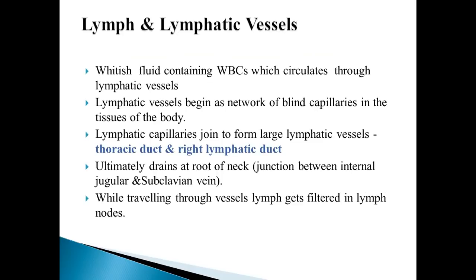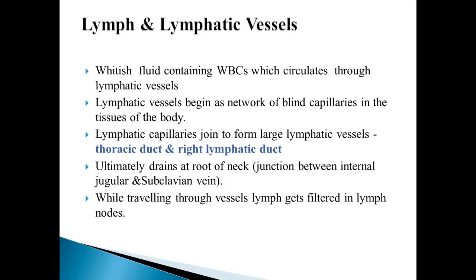What are lymph and the lymphatic vessels? Lymph is basically a whitish fluid containing white blood cells, circulating through lymphatic vessels. These vessels begin as a network of blind capillaries in the tissues of the body, which later form lymphatic vessels.